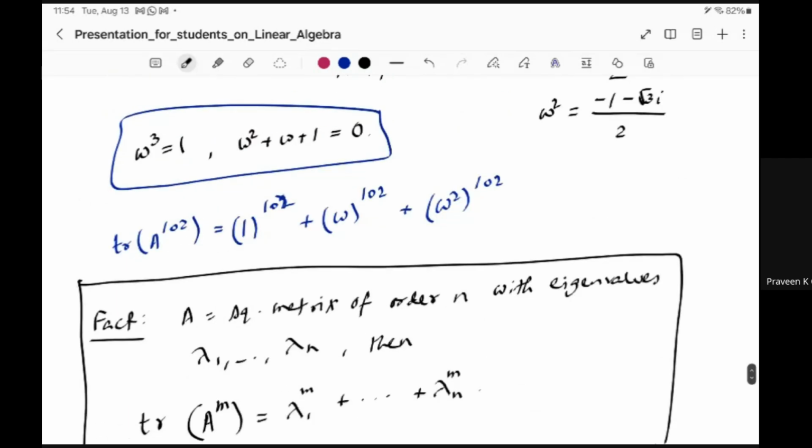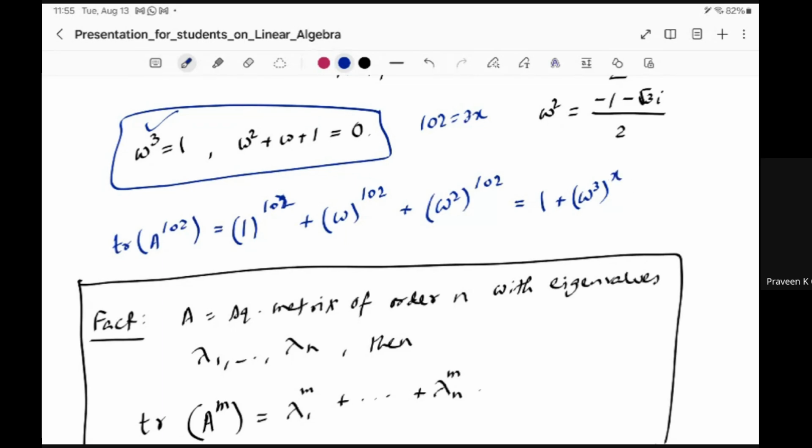Anyway, let's get back to our question. 1 to the 102 is obviously 1. Omega to the 102, because of this condition: 102 is a multiple of 3, so I can write 102 as 3 times x, whatever that x is, which you can calculate easily.